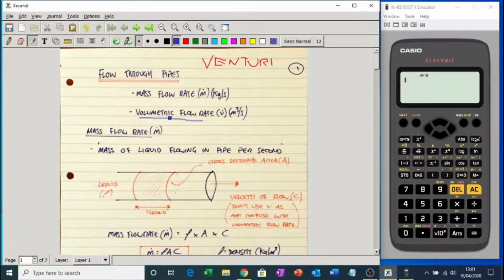So it's volumetric flow rate, cubic meters per second. How much volume per second? Like your blood, your heart will pump your blood around your veins at a certain volume flow rate. V is volume, V dash is volumetric flow rate. So when you see a dash above it, it just means flow rate.